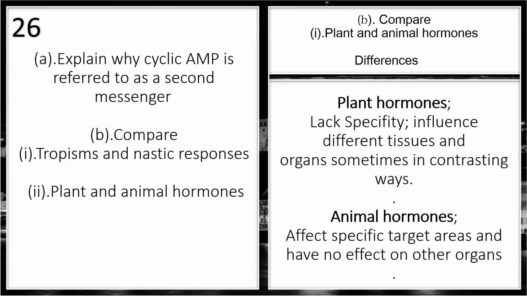Plant hormones lack specificity, influencing different tissues and organs, sometimes in contrasting ways. Animal hormones affect specific target areas and have no effect on other organs.